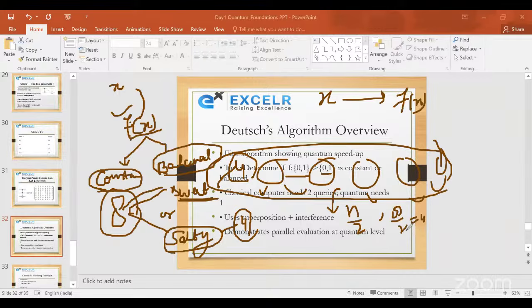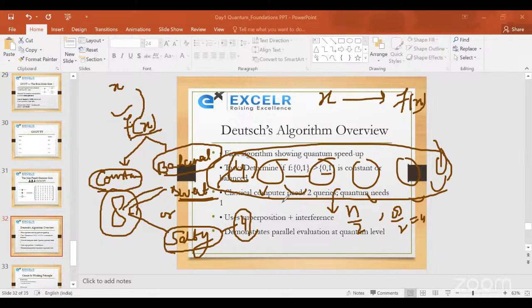The classical computer can solve it in a minimum of 4 steps, and a maximum of 8 steps in the worst scenario.